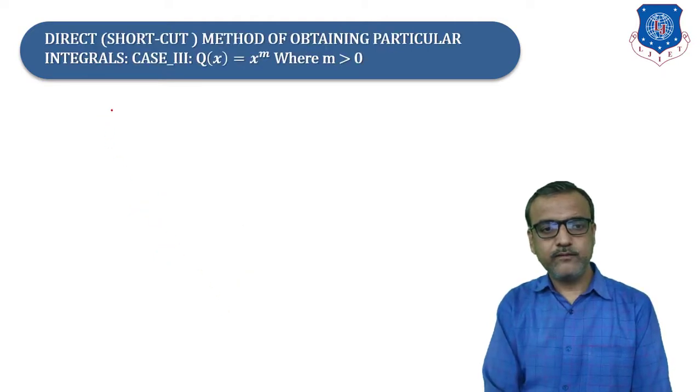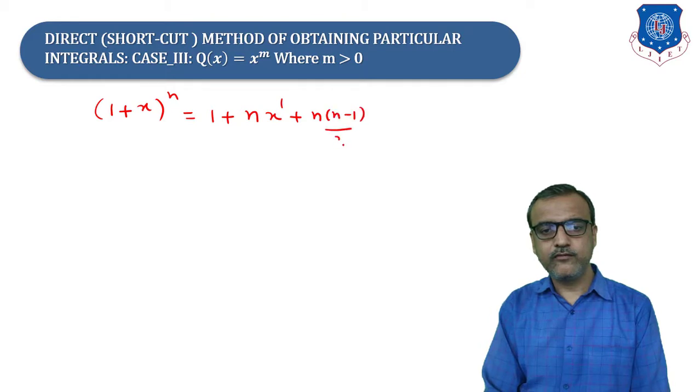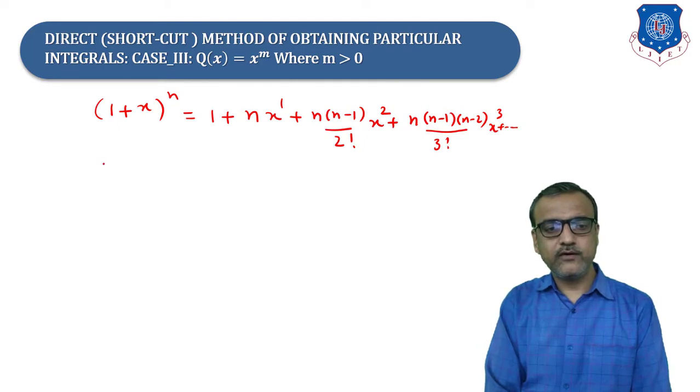Just keep in mind, 1 plus x the whole raised to n is given by 1 plus n into x plus n into n minus 1 by 2 factorial x square plus n into n minus 1 into n minus 2 by 3 factorial into x cube, and so on. You just remember these formulas. I will write them down for you.